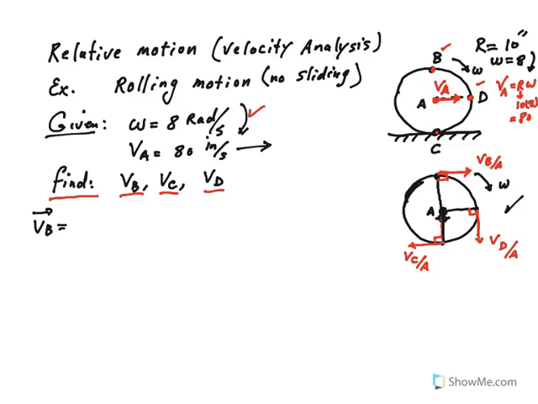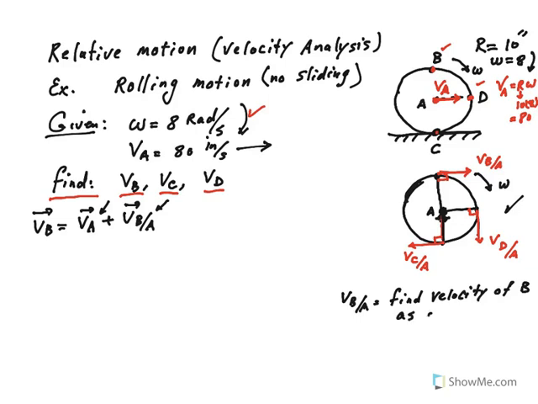Using the relative motion analysis, we say, okay, velocity of B, let's translate with A, and let's rotate about A. So remember, the first term is the translation part, the second term is the rotation part. What is VB slash A? VB slash A means find velocity of B as if A is fixed.